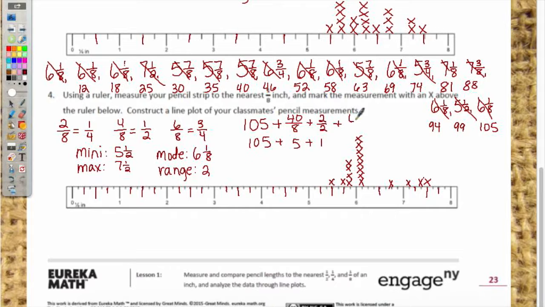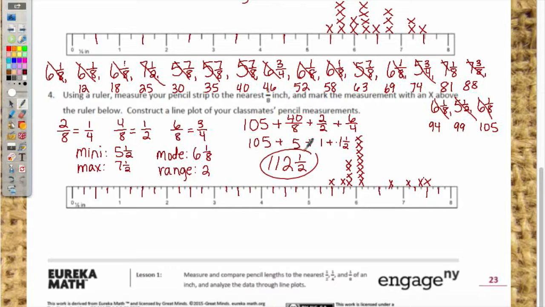Okay, we're going to have to add that one in. What's 6 divided by 4? Okay, so now, should I change that to a mixed number? Yes. 1 and 2/4. 1 and 1/2. Okay, 105 plus 5, 110, 111, 112.